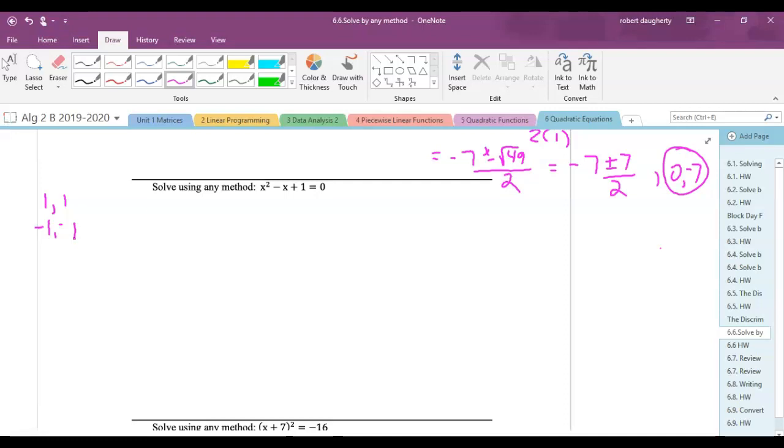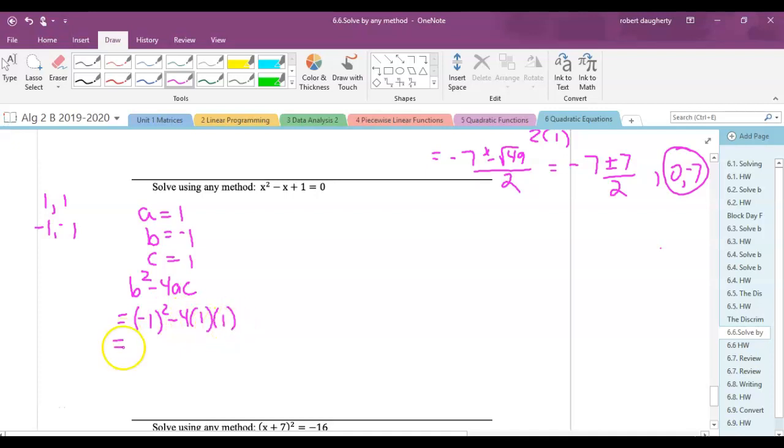Quadratic formula. So a is equal to 1, b is negative 1, c is 1. So b squared minus 4ac is going to be negative 1 squared minus 4 times 1 times 1. So this is 1 minus 4, which is negative 3. The bells in your head tell you these answers are going to be what kind of numbers? Complex.